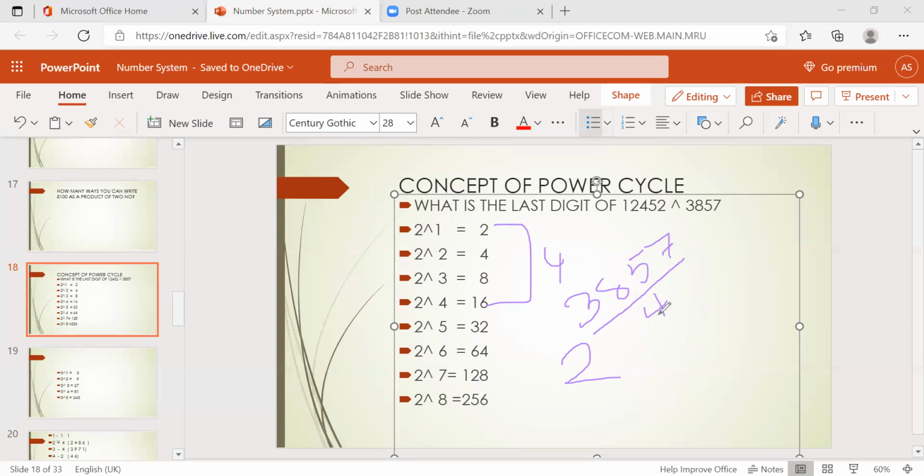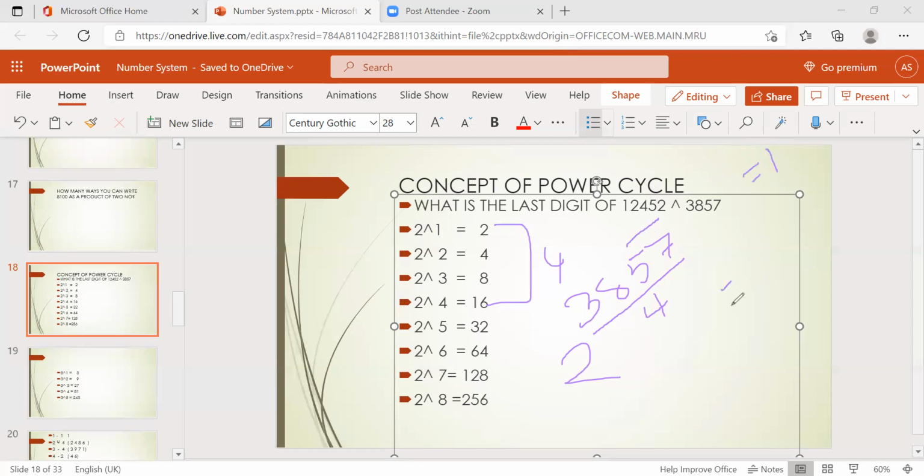4 exactly divides a number if its last two digits are divisible by 4, right? So the last 2 digits are 57. What is the nearby value that is exactly divisible by 4? It is 56, which is exactly divisible by 4, so the remainder would be 0. But 57 is there, which is greater by only 1.